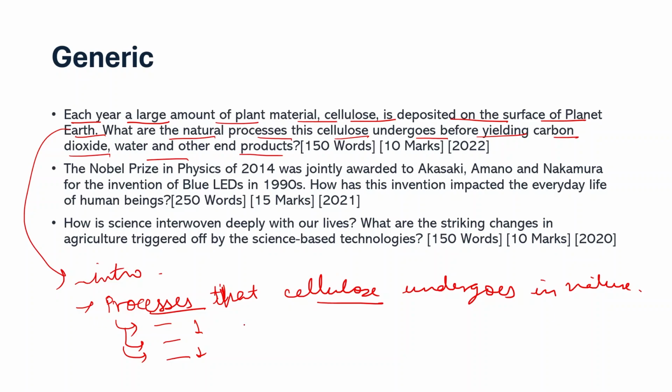Then you can write about some benefits or some uses of cellulose if you want. Although it's only a 10 marker, you can definitely write some advantages of cellulose, right? Then you can conclude, right?